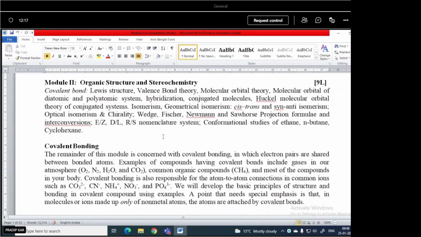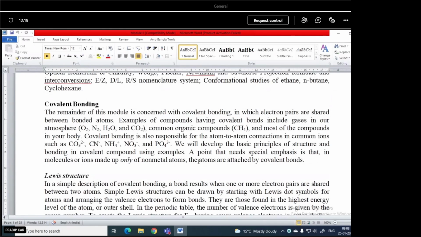covalent bonding, from the definition. Covalent, as we have defined, is the lone pair sharing by both the bonded atoms.